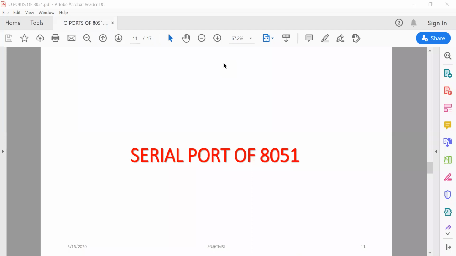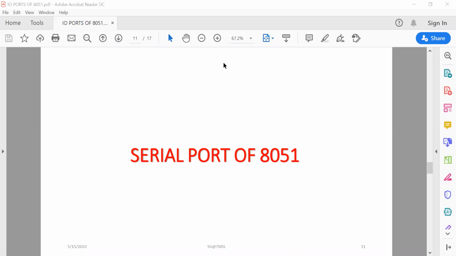Different baud rates are available, like 300, 600, 1200, 2400, 4800, 9600 and 19200, basically multiples of 2. We select the baud rate according to our requirement to transmit the bits serially.